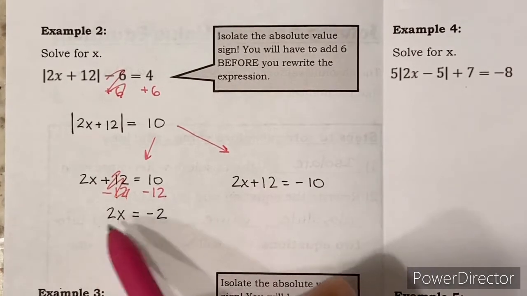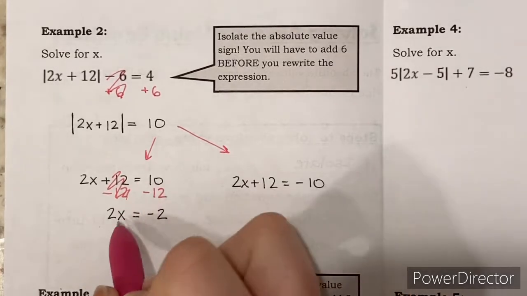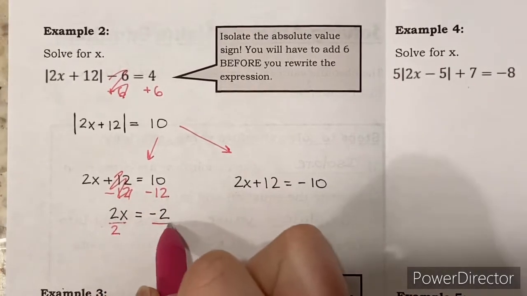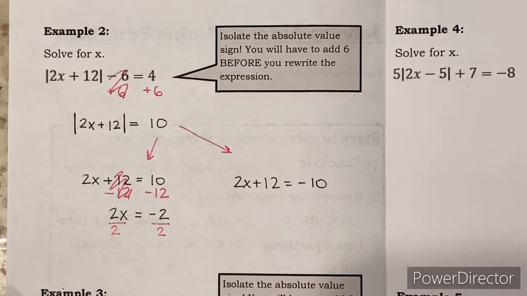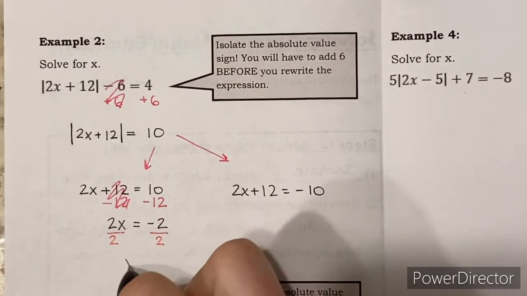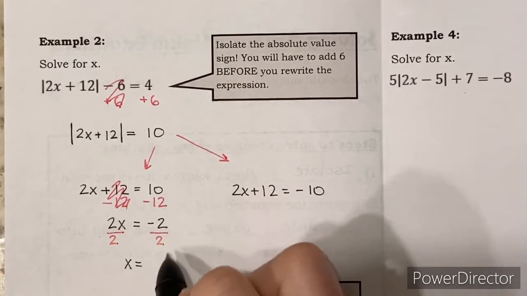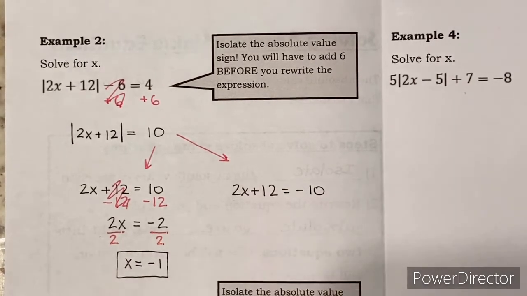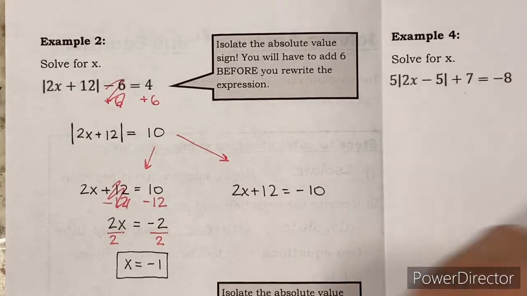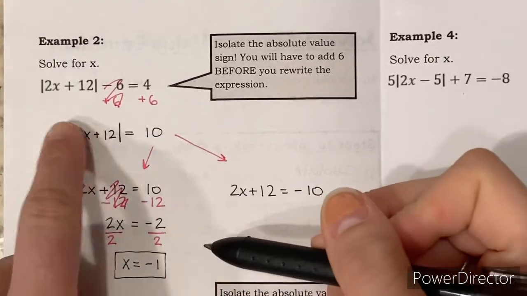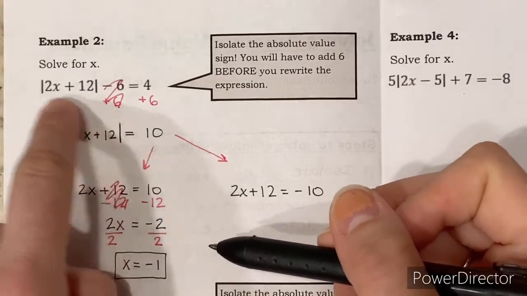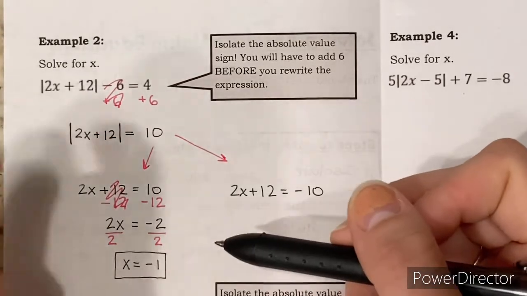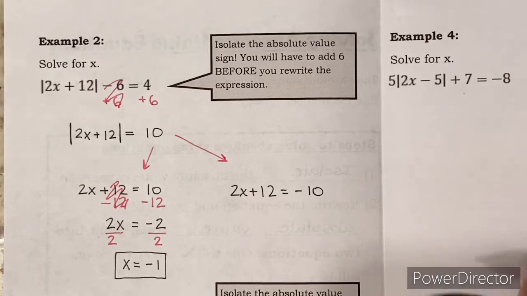Now, I have to address this 2 that's out there in front of that x, so I'm just going to divide both sides by that positive 2, and I'm going to be left with x is equal to, this is going to give me negative 1. So this is one option. And remember, these are solutions, which means if we take this number, plug it back into our original equation up here, the whole thing would be true. If we were to plug it in, it would be true.